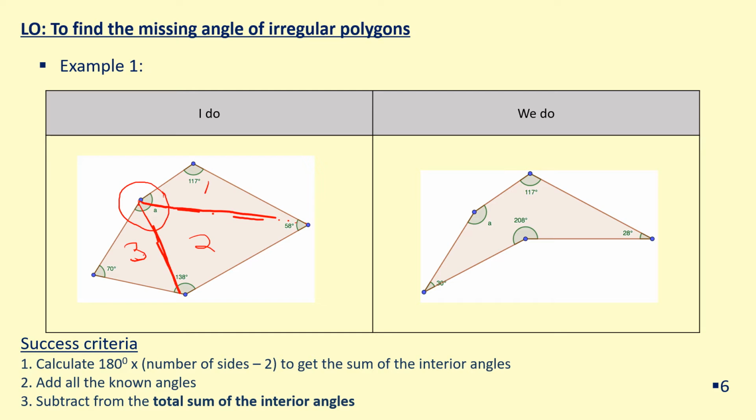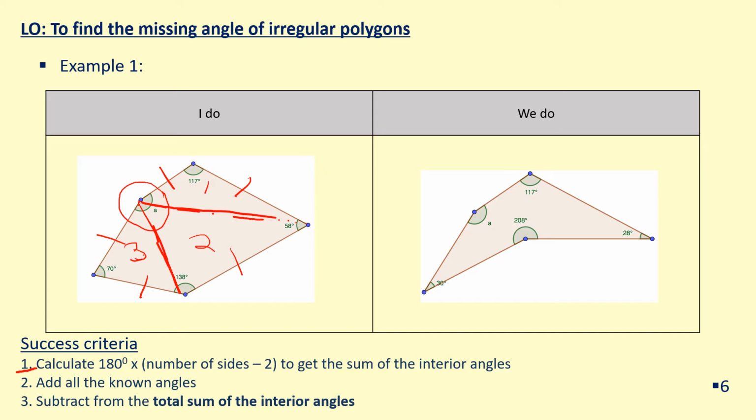And then we can go to our number 1 and calculate 180 degrees. And we know it's 180 degrees because we know that each of these three triangles, all their angles add up to 180 degrees. And we multiply by the number of sides, subtract 2. So let me make sense of this for you. The number of sides for this irregular polygon is 1, 2, 3, 4, 5.